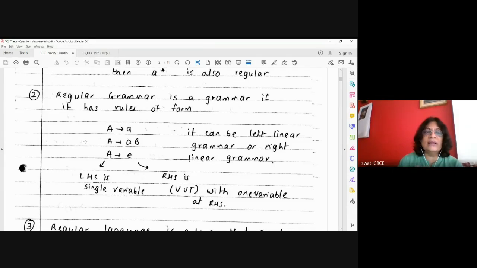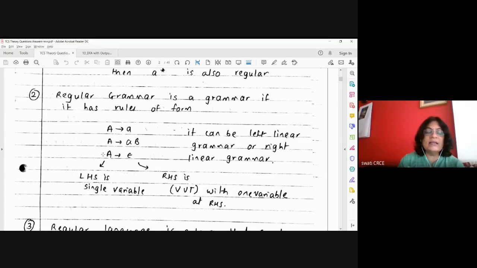If you're not understanding, then just try to grasp whatever is possible. We write a grammar in a particular format. This is a regular grammar. The rule of the regular grammar is that on the left hand side there is only one variable. You cannot have two variables on the left hand side. You cannot have capital AB as a left hand side.